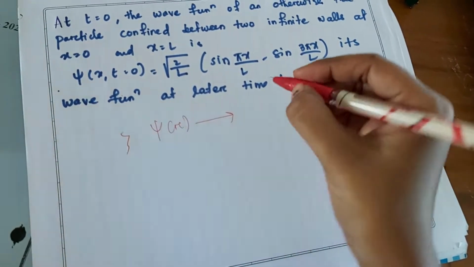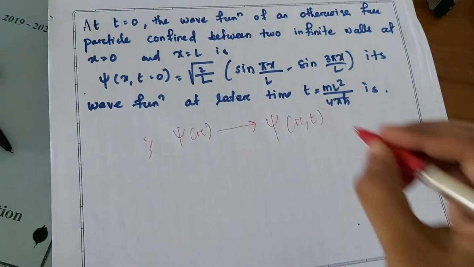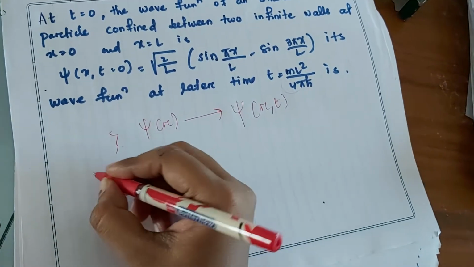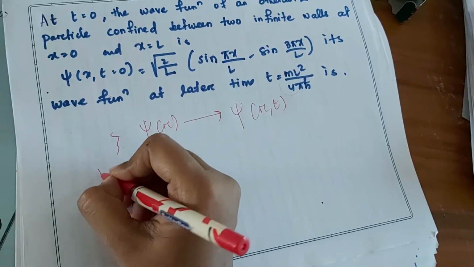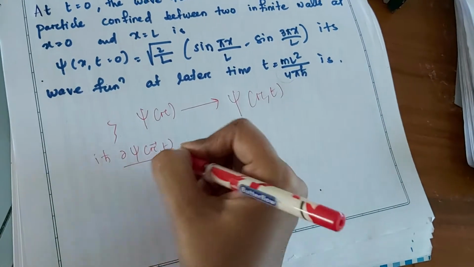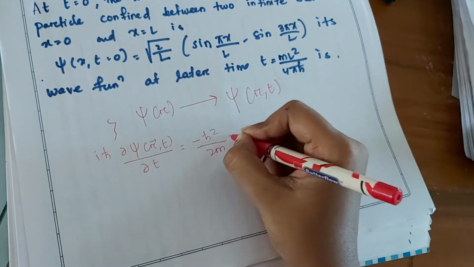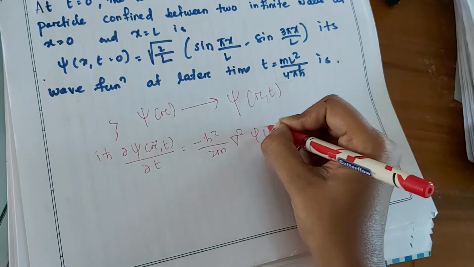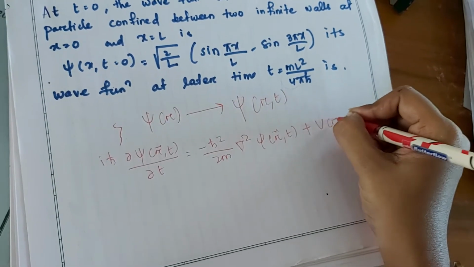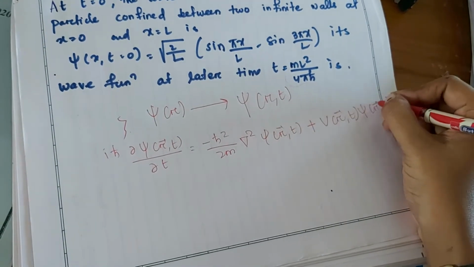As we know, the time dependent Schrodinger equation is I h cut dou psi(r, t) by dou t minus h cut square by 2m del square psi(r, t) plus the potential energy u(r, t), which can depend on time. So this is the Schrodinger equation.